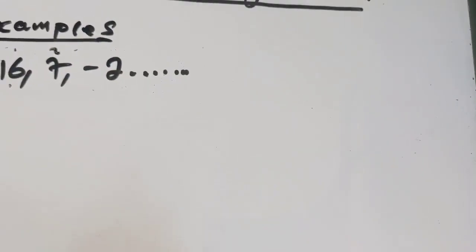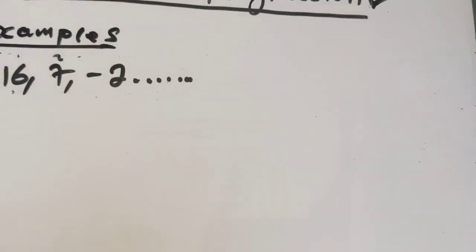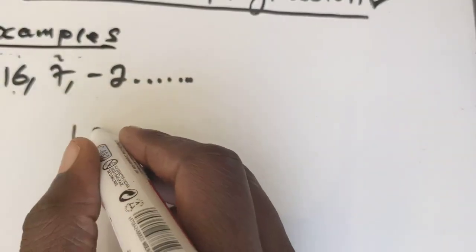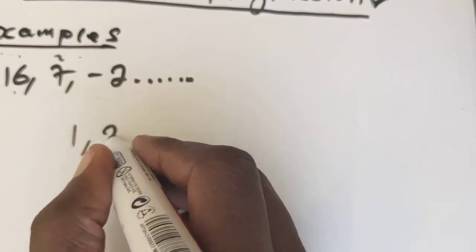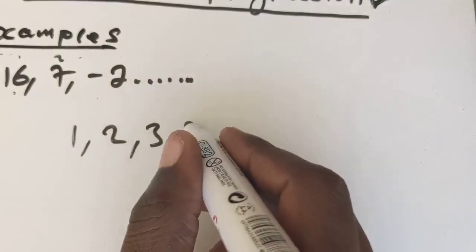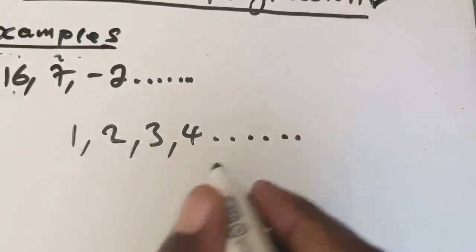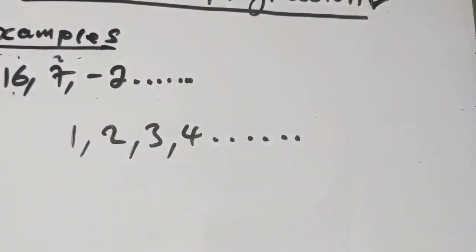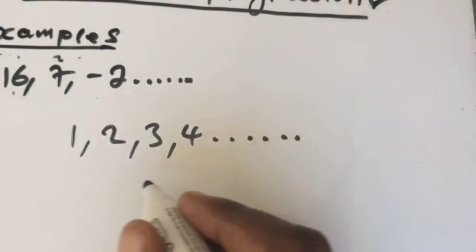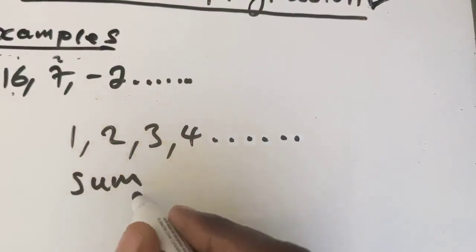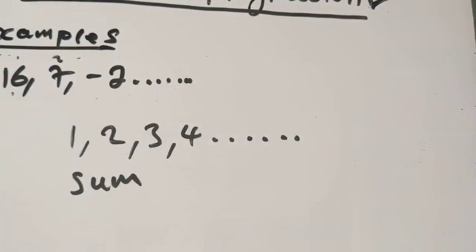Now if you want to find the sum, suppose you have 1, 2, 3, 4, going like that. When you're told to find the sum, the sum is the addition of certain numbers. These are the numbers.